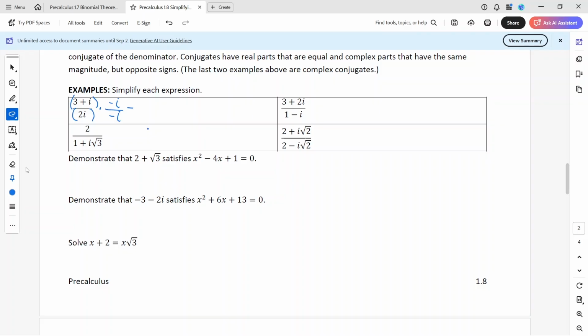I'm going to expand on the top just with the distributive rule. That would give me 3i minus i squared over negative 2i squared. Now, if you're forward looking, you know that i squared has an equivalent of negative 1. And I was forward looking, that's why I chose the negative i over negative i in the first place.